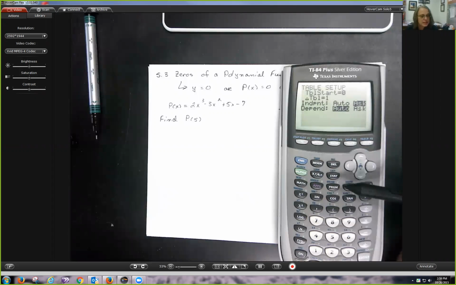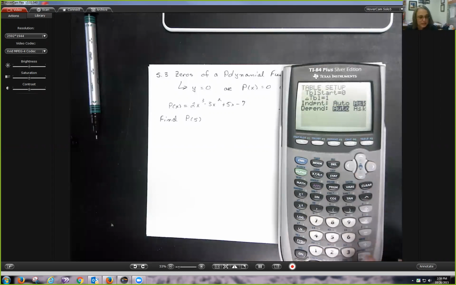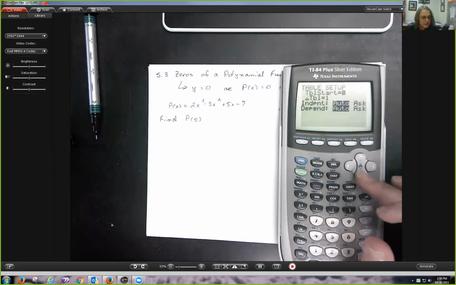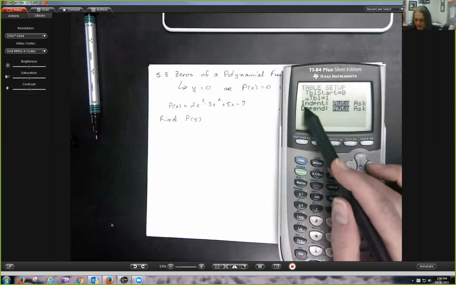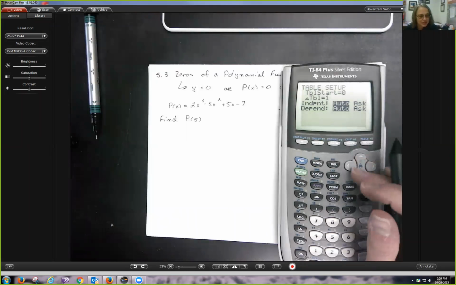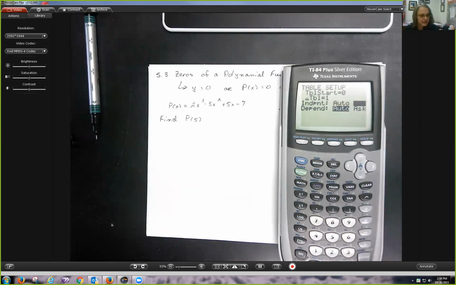You'll get a screen that looks like this. Now yours probably looks like that. Use the arrow keys to move your cursor down to where the first one, IND, that stands for independent. Think x when you think independent. Change that to Ask. So arrow down, arrow over, and hit enter to make the selection.